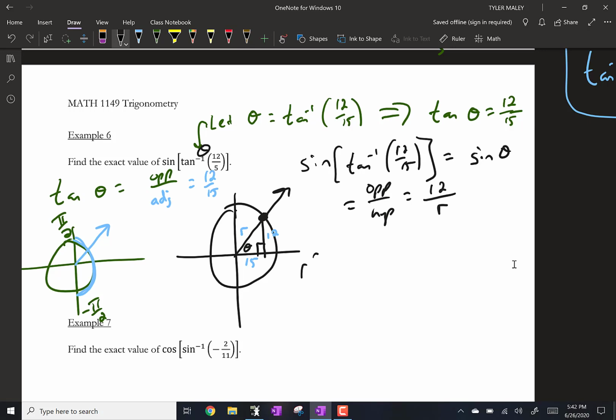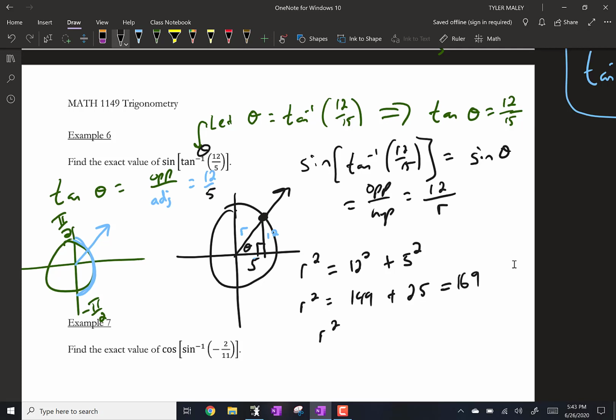So we would have r squared equals 12 squared plus 15 squared. Oops, that's not 15, that should be 5. Sorry about that, just realized that. That was 5, not 15. So r squared equals 144 plus 25, which is 169.